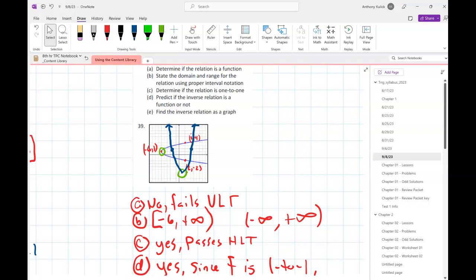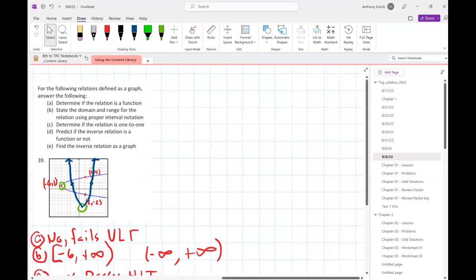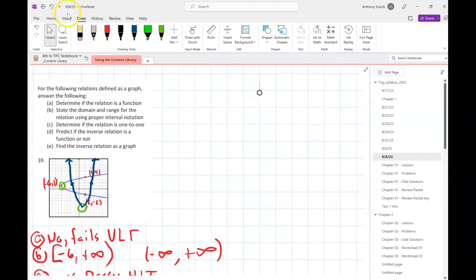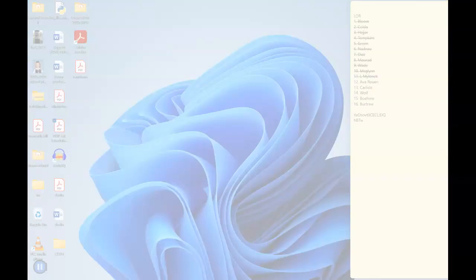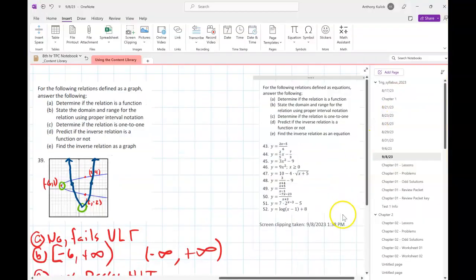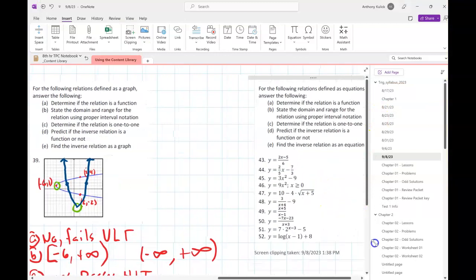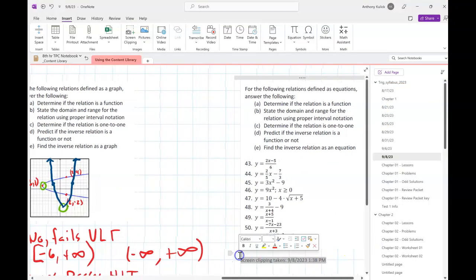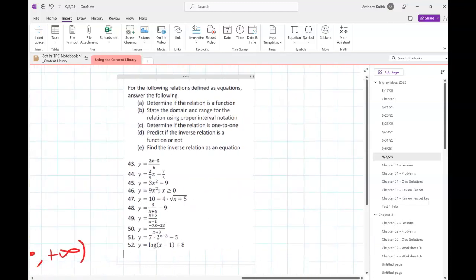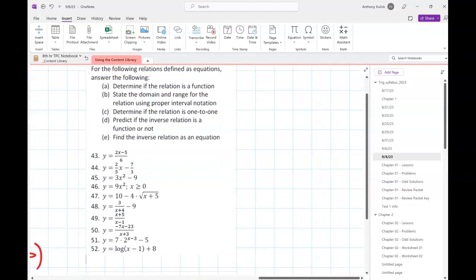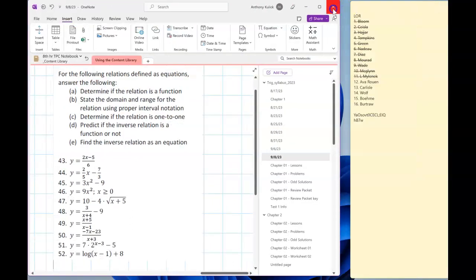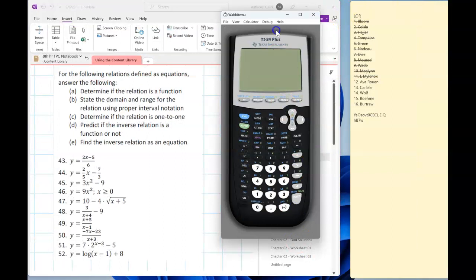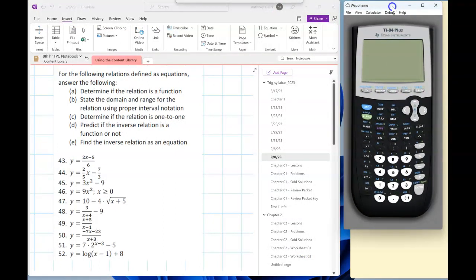Grace. Do you know what 47? Sure. I think I'm going to do this just to make it easier since we're going to be looking at the graph.